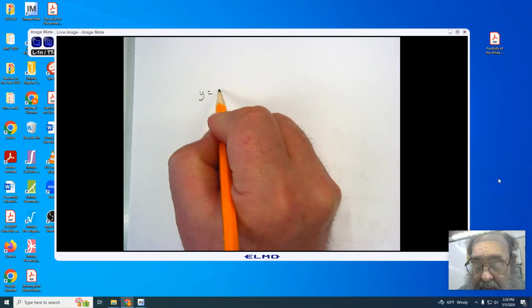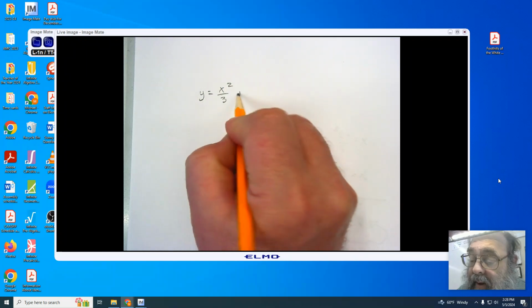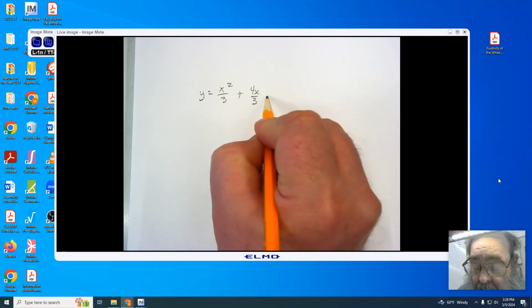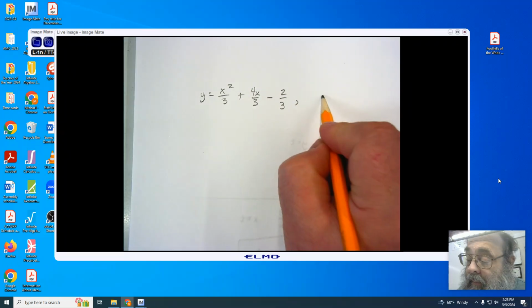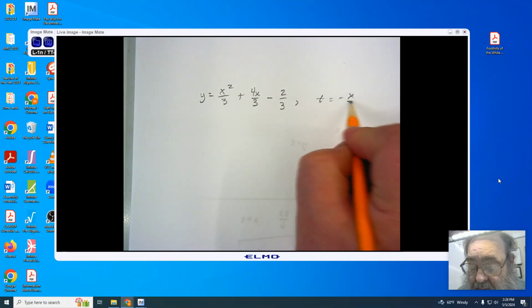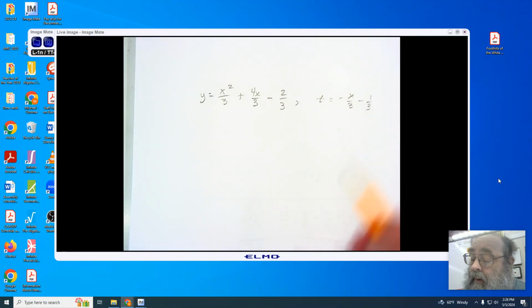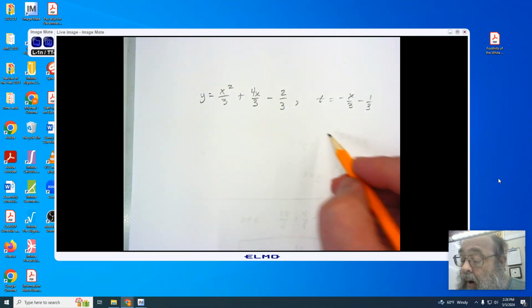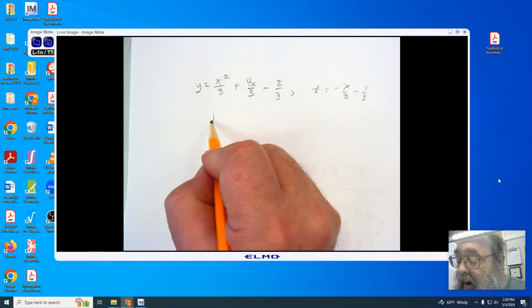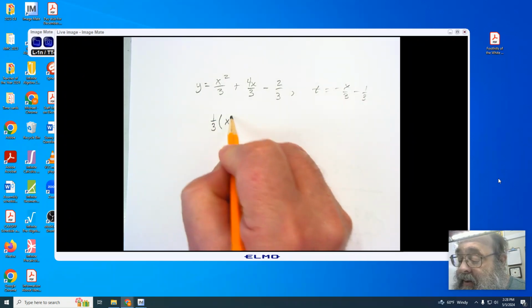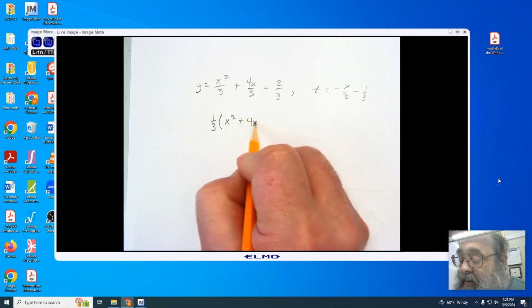So y equals x squared over 3 plus 4x over 3 minus 2 over 3. We're told that t is equal to negative x over 3 minus 1/3. We have to solve for our x. So I'm going to go ahead and factor out the 1/3 first. So I have x squared plus 4x minus 2.